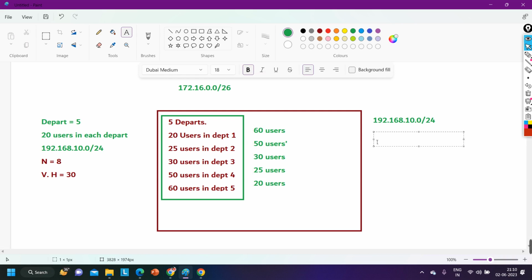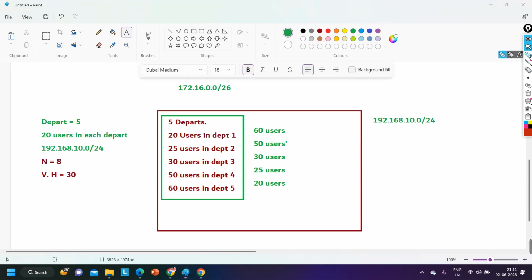So if you need 60 valid hosts, then what should H be? The formula you will use is the same formula, 2 to the power H minus 2. Why is my pen tab not working?